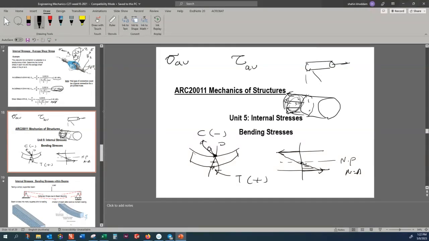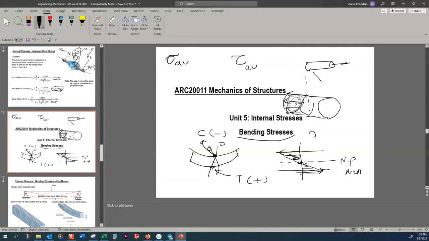So the lower fibers, the farther they are from the neutral plane, the larger tensile. The upper fibers, the farther they are from the neutral, they are larger in compression. And then the variations are linear. So that is the internal stress due to the bending.